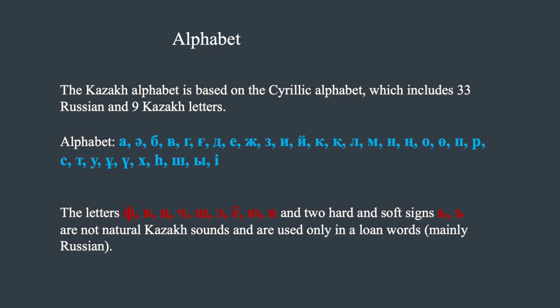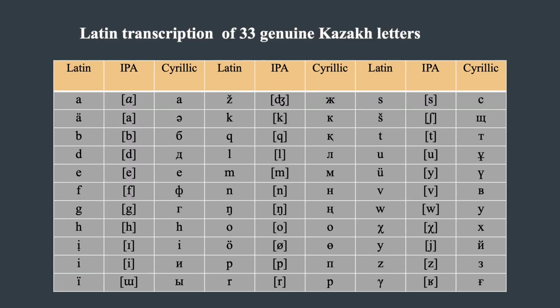If you are not familiar with the alphabets, don't worry, we will learn the alphabet in the next video one by one. In this course, I will use a simple Latin transcription to transcribe the Cyrillic alphabet. In the following table, you can see the comparison of Cyrillic, IPA, International Phonetic Alphabet, and the Latin transcription of 33 Kazakh sound system. This convention will be used hereafter.